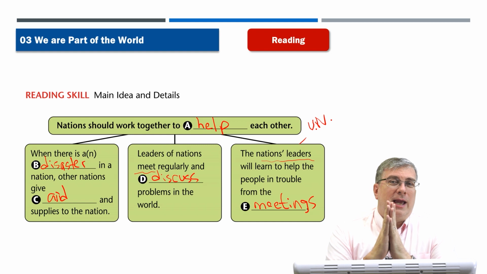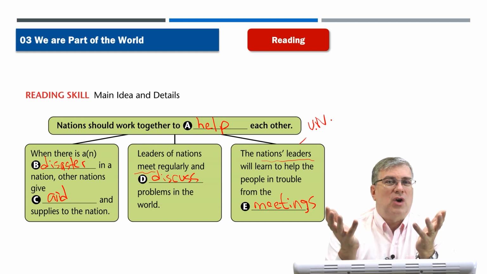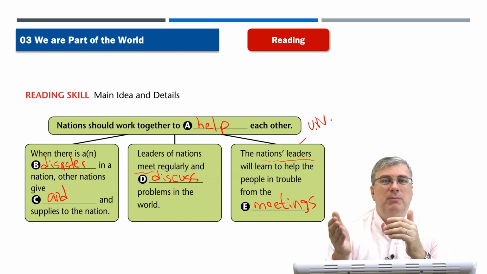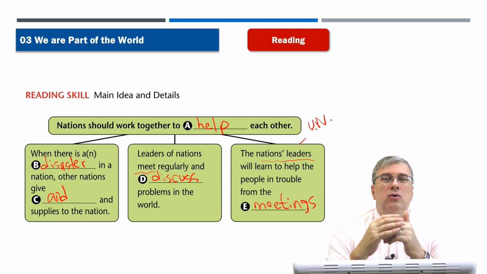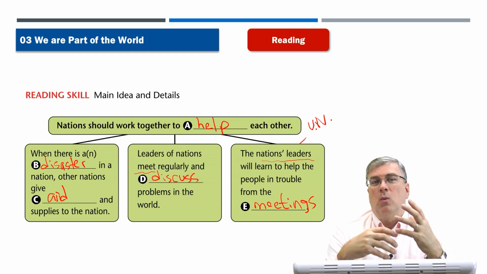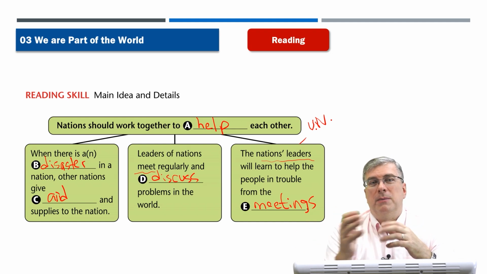You know, sometimes bad things happen. We can try to prevent them, but they'll happen. And how do we help other people who are having a bad time or who experienced a disaster?